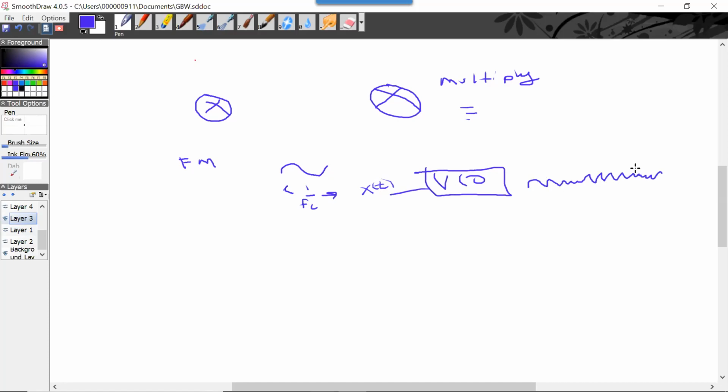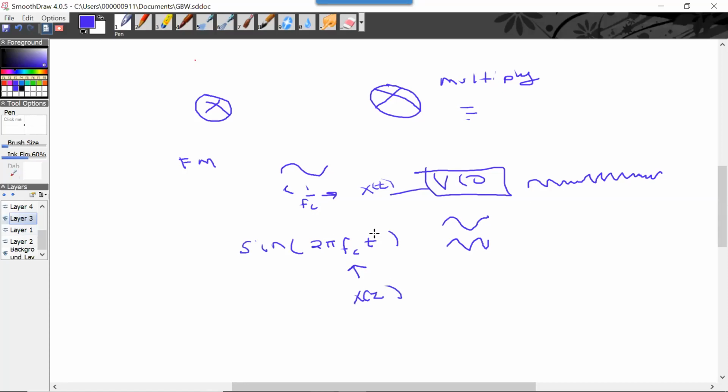I'm making it look like amplitude modulation, sorry. You know, there's one frequency, and then I'm trying to make it faster, but it's still centered around a carrier frequency.